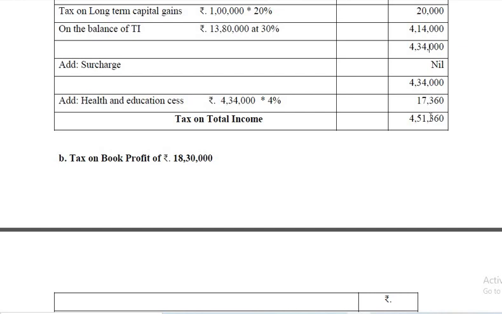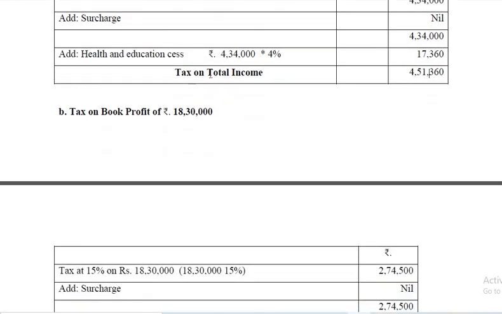But here it does not exceed 1 crore, so not applicable. So the amount remains the same. Then health and education cess at the rate of 4% on the total of taxes and surcharge. That comes to 17,360. As a result, tax on total income is 4,51,360.